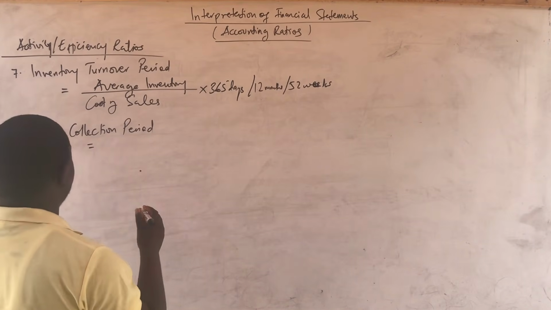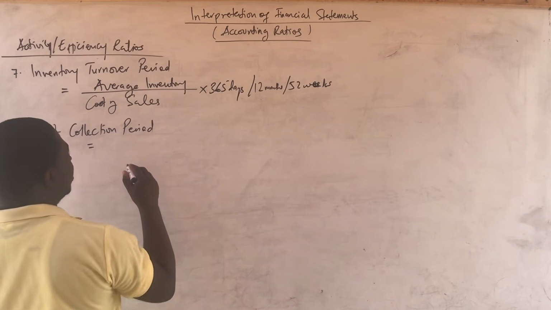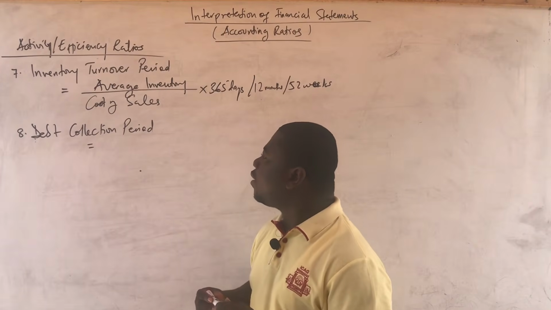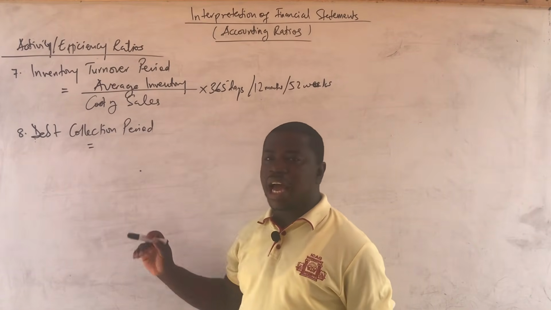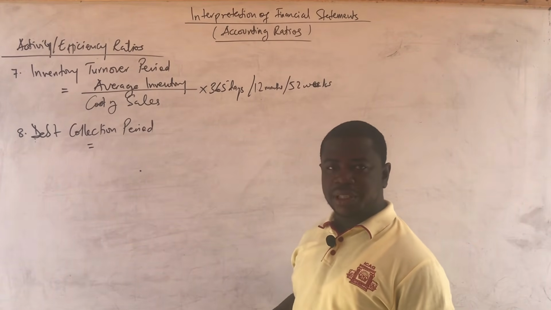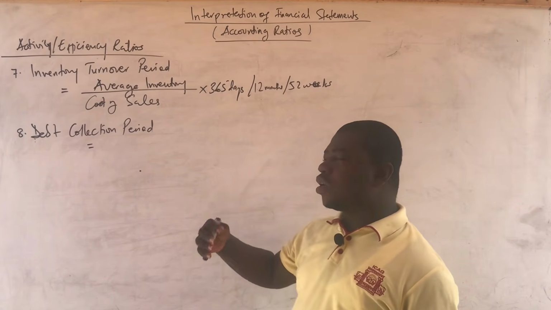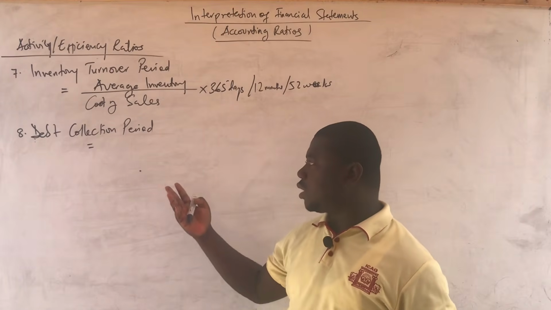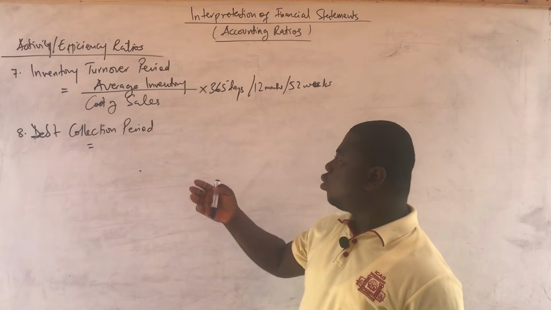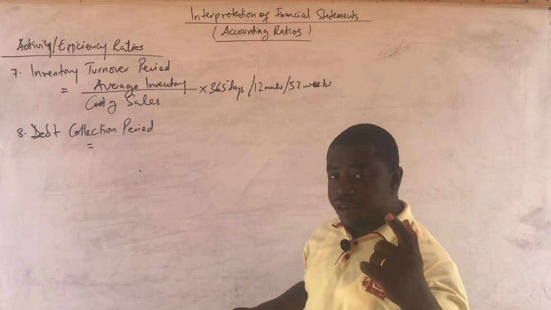That is the meaning. Now the first thing you should understand when you are coming to get this formula, how do we even accumulate the debt in the first place? We accumulate the debt through credit sales, because if you don't sell on credit, nobody owes you. So credit sales is what is bringing about the trade receivables.